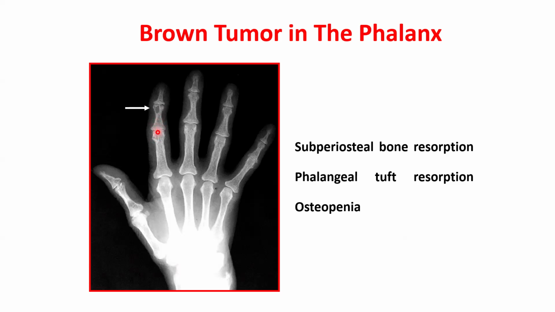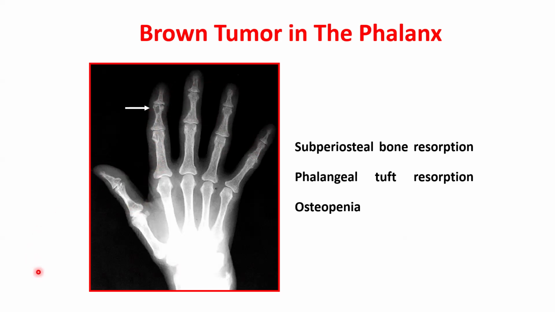Okay? And in addition, there is extensive subperiosteal bone resorption until the little finger with extensive phalangeal tuft resorption, including the thumb as well, and osteopenia. You notice that the bone density is less than normal.